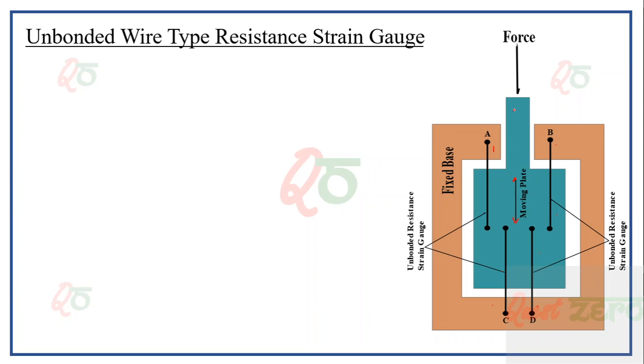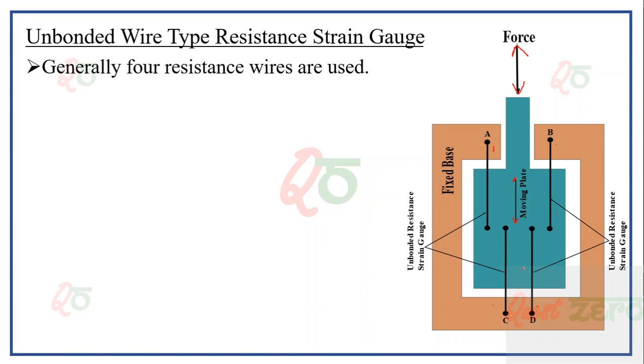Suppose the force is applied in this direction and the moving plate moves downwards, A and B will be in tension, and C and D will be in compression. The amount of resistance change in A and B will be equal, and the amount of resistance change in C and D will be equal. Suppose the force applied is in the upward direction, then the moving plate will also move upward, resulting in A and B being in compression, and C and D being in elongation or tension.